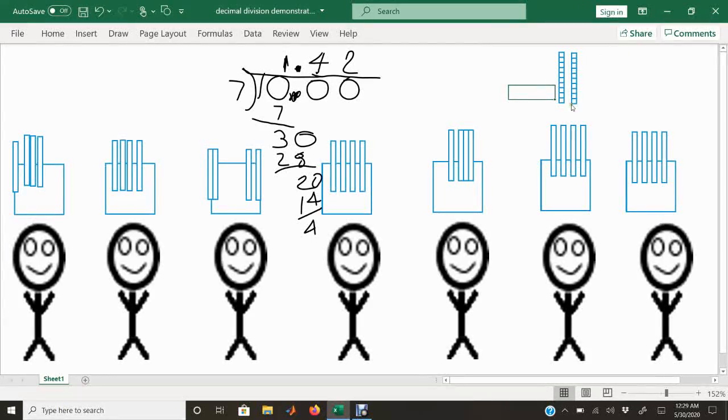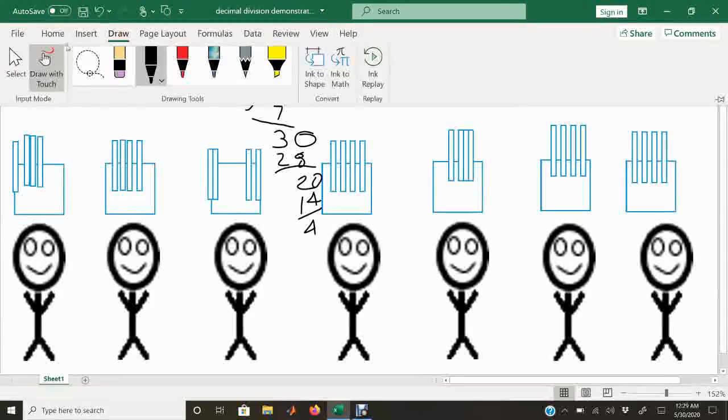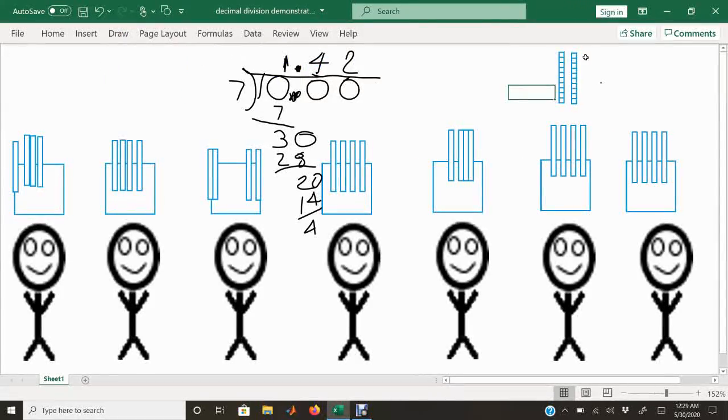So if I can put 2 on everything, everybody gets 2 hundredths.